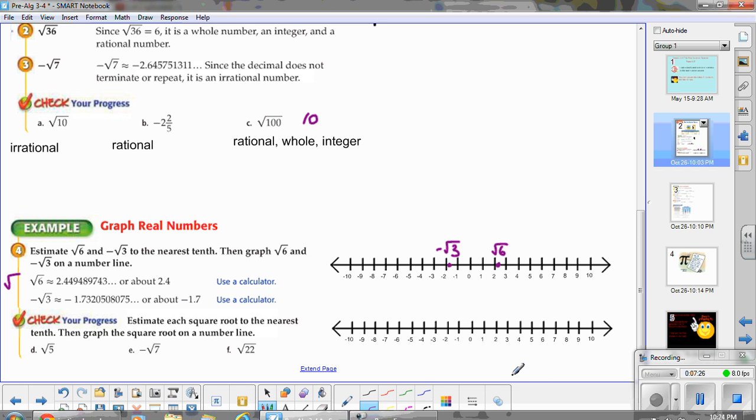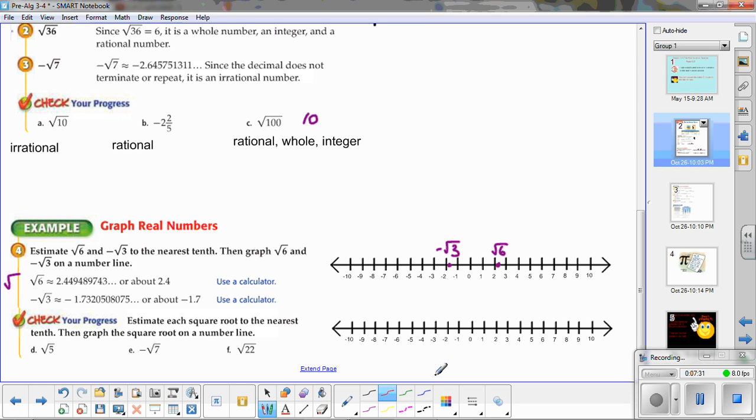You may want to pause the video and try the next 3 on your own. Square root of 5. Square root of 5 is going to be between 2 and 3.